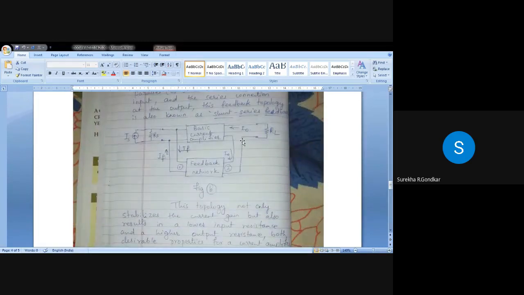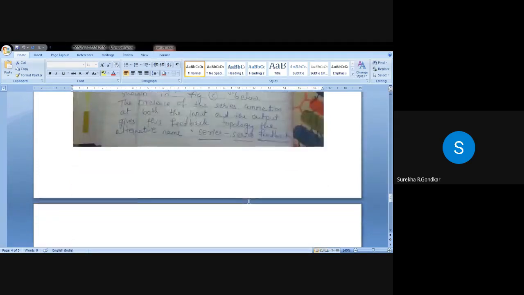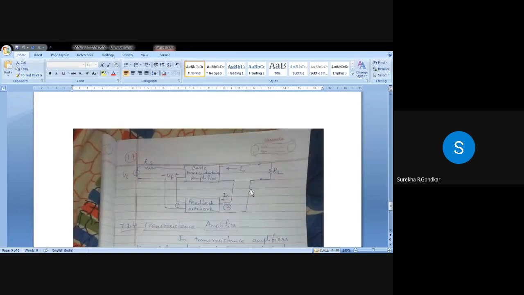You can see here it is series connection, and in this also it is series. So you check which quantity is tapped. If it is voltage tapping, it will always be parallel connection. If it is current tapping, then it will be series, at the output. Accordingly you can identify what type of topology it is.